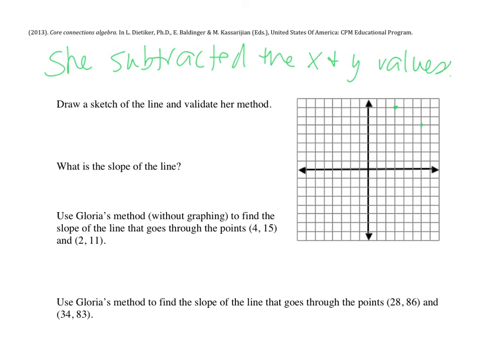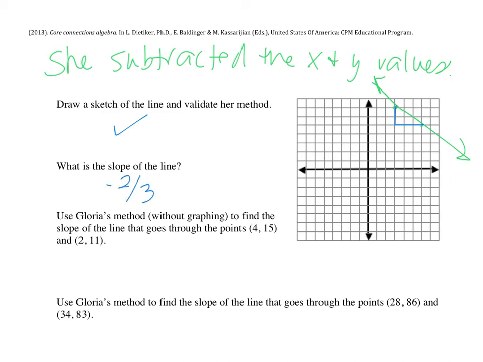So if we were to connect these, which we will, and we do a slope triangle, she's going down 2 and over 3. So it checks out. So her slope is going to be -2/3.